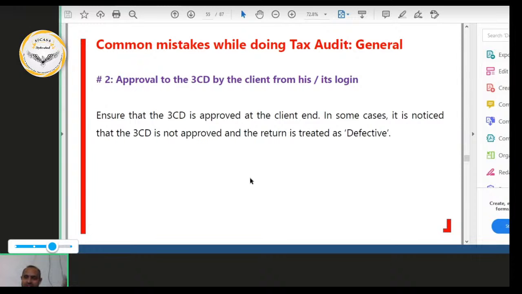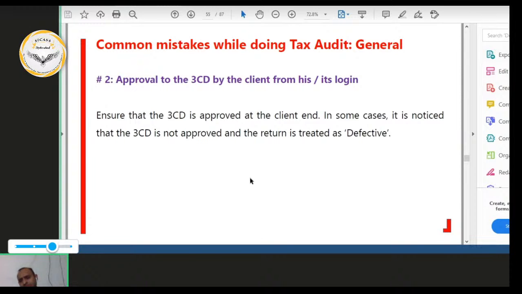Then what is the next stage? The client has to approve. You may know that it is a simple thing, but one of the years they missed that point, because of which they slapped a huge penalty, saying that your tax audit is not filed at all, because it is in submitted mode. It is not finally uploaded. So, not filed, penalty of 1,50,000 or 0.5% of the turnover, whichever is higher, something like that they have given.